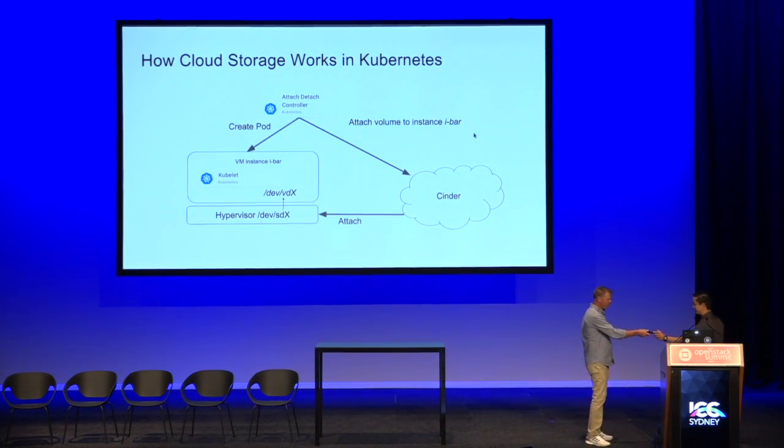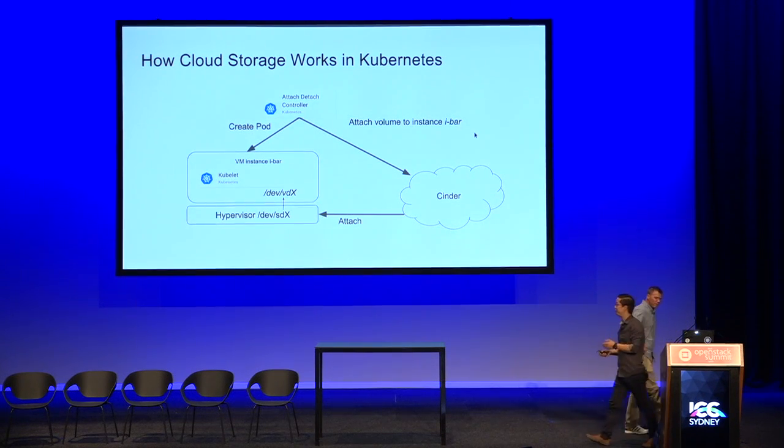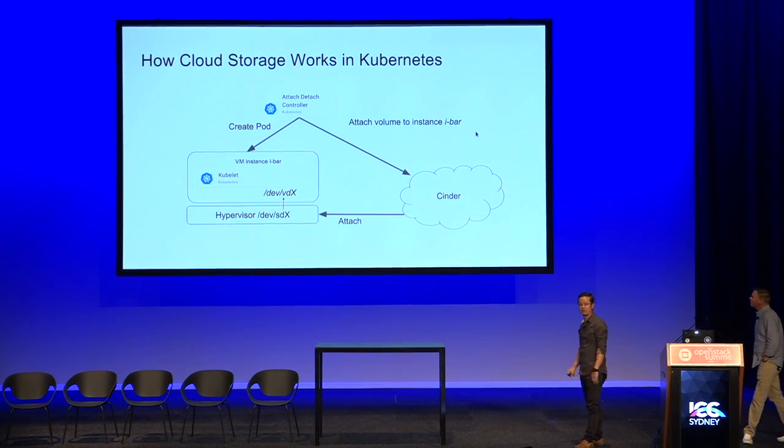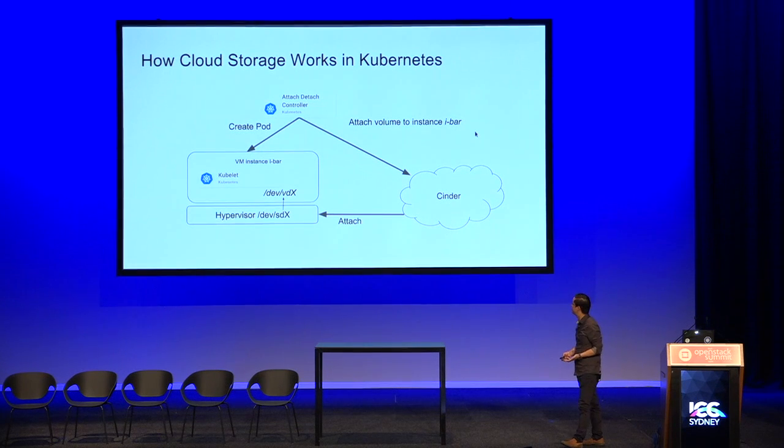Sure. I think this is something a lot of us have already seen before. So how Kubernetes works, how the storage works, in particular in this case, Cinder. We have the Kubernetes controllers. One of those is responsible for the volume attach and detach, just like the way we are used to volumes attach and detach in OpenStack, in Nova.